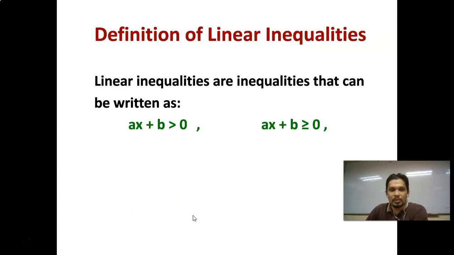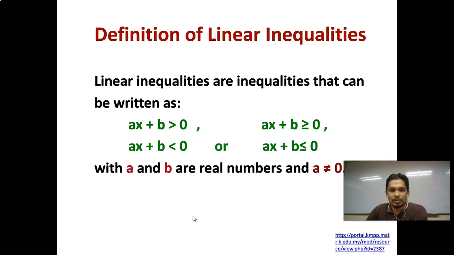Definition of linear inequalities: ax plus b greater than 0, greater than or equal to 0, less than 0, or less than or equal to 0, where a and b are real numbers and a cannot be equal to 0. For example, 0 times x plus 2 greater than 0: automatically everything becomes 0 here, there will be no x left.